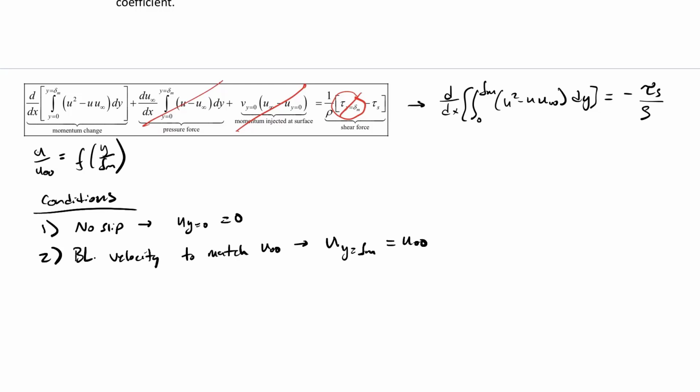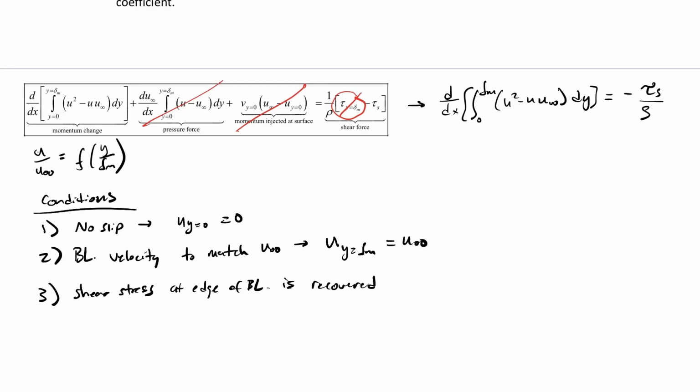There's some other things we might want. We might want the shear stress at the edge of the boundary layer to recover or match the shear at the surface. We want things to be conserved there. So we would say this shear stress at the edge of the boundary layer is recovered.